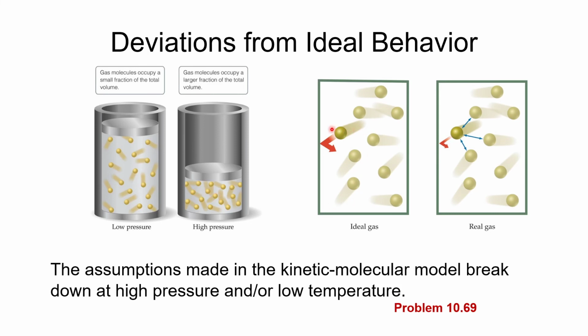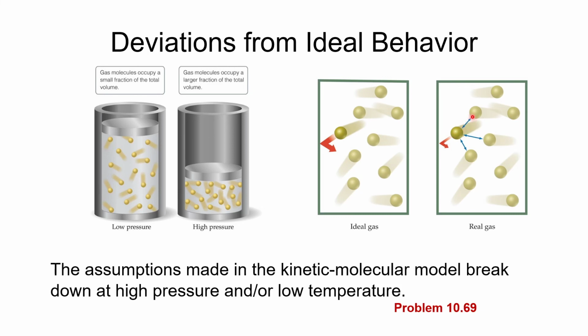We'll also find that if we lower the temperature, so here we've got an ideal gas at some temperature, and then here, as we lower the temperature, we start to have these attractive forces. Well, if you remember, one of our tenets of kinetic molecular theory is that these attractive forces are negligible.